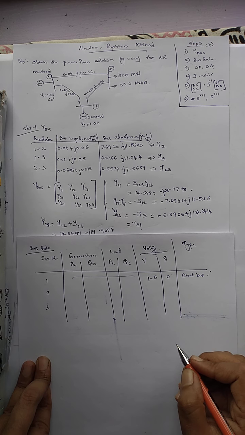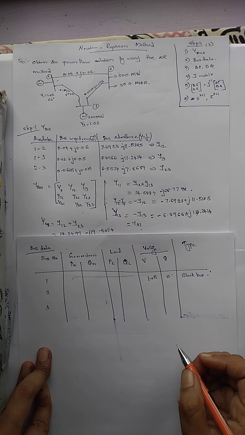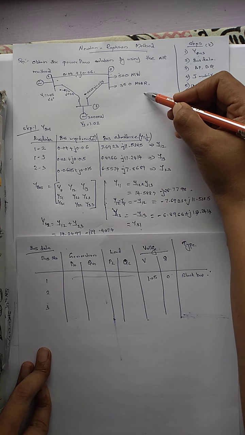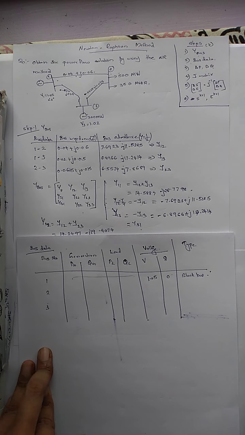In the second one, they have given the load, 500 megawatt and 350 MVAR. So we have to convert this value into the corresponding per unit values, because we are doing all our work in the per unit system.